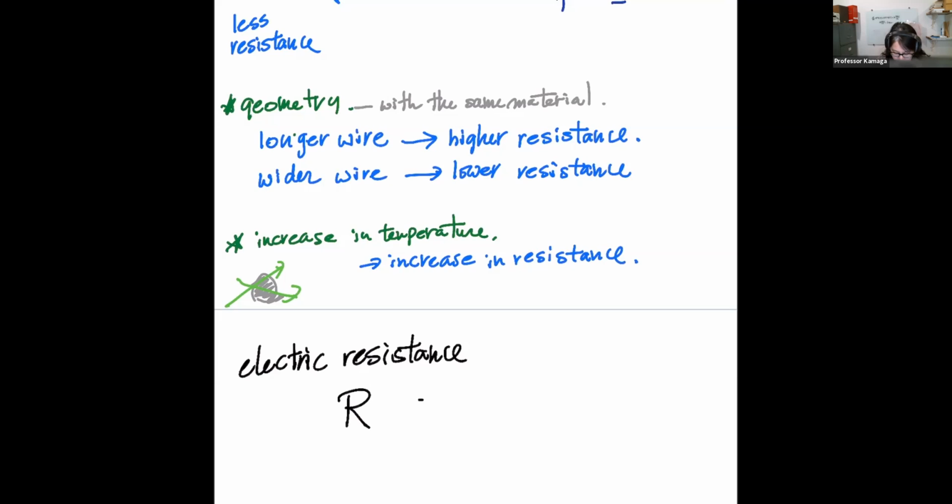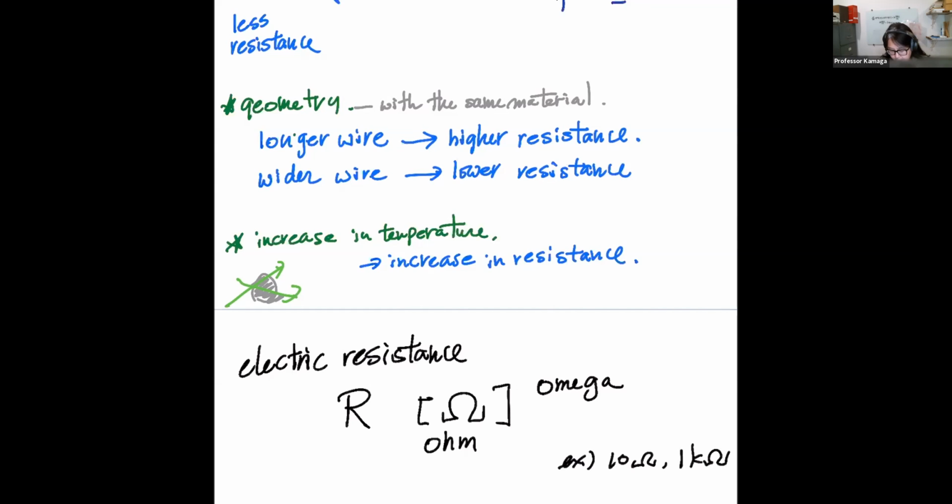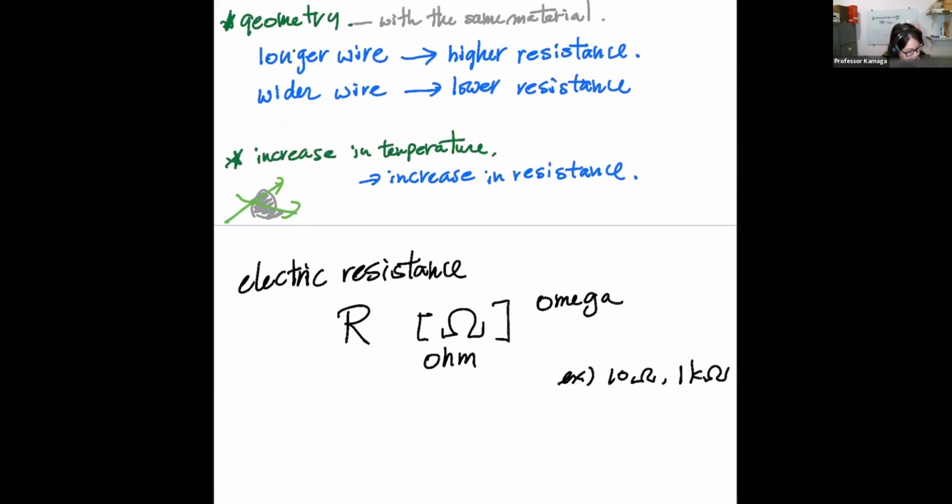And we use the unit, this Greek omega, called ohm. So for the unit of resistance, we can say 10 ohms, 1 kilo ohm, that kind of thing, to show the resistance.